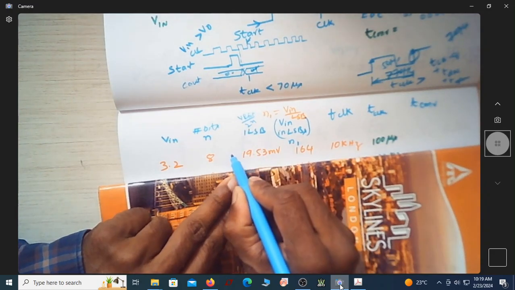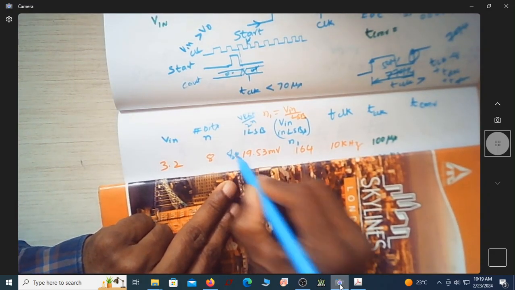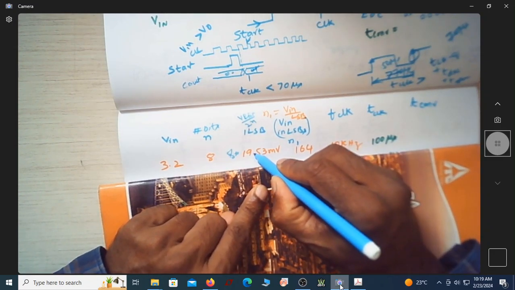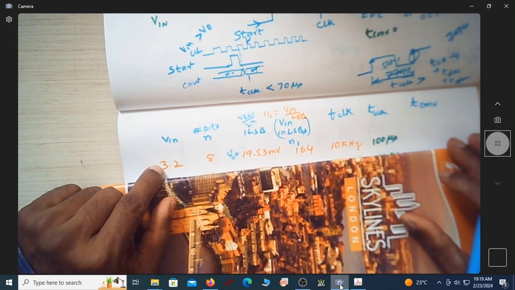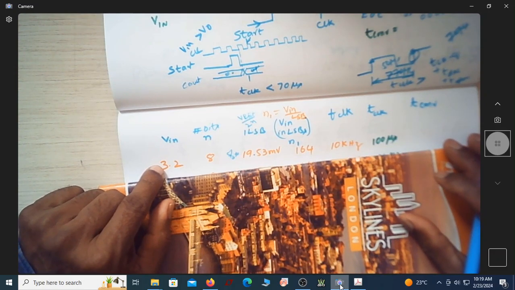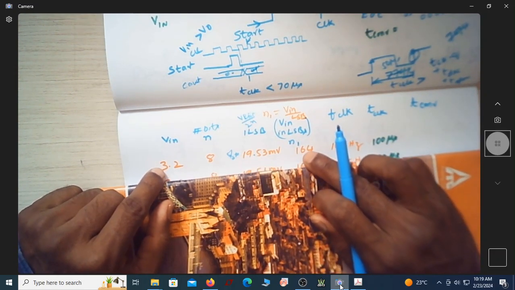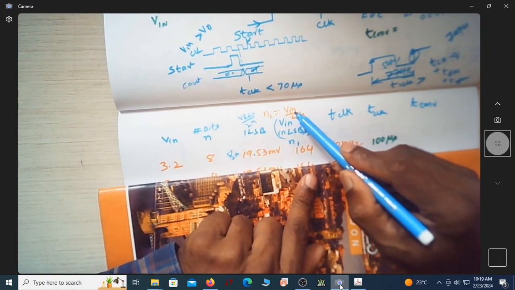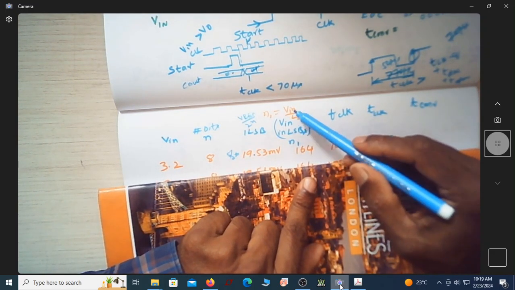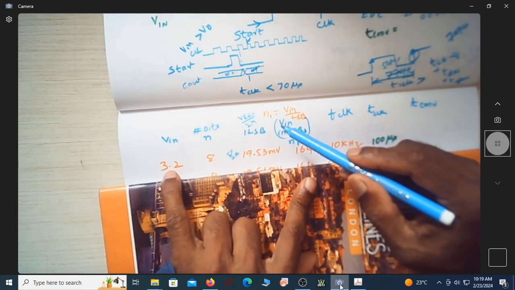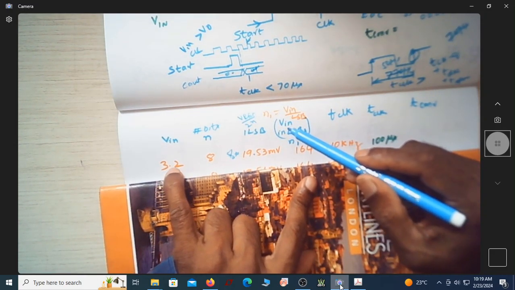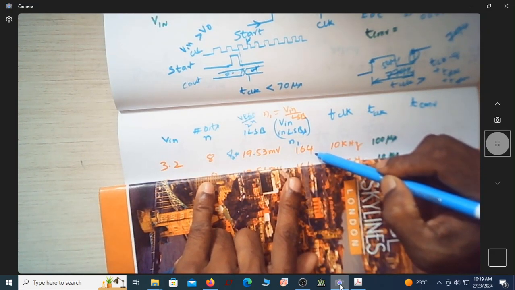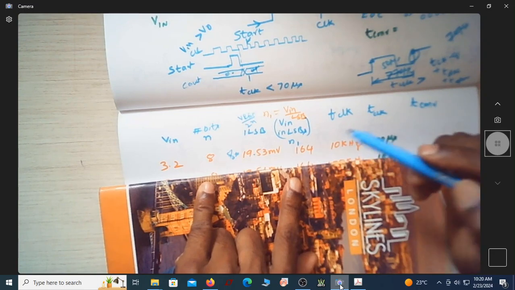In this case it is 5 by 256, which happens to be 19.53 millivolt. Now I write 3.2 volt in terms of LSBs. How many LSBs is 3.2 volts? 3.2 divided by 19.53 millivolt will become 163, and you just round it up to the next number, so this is 164.